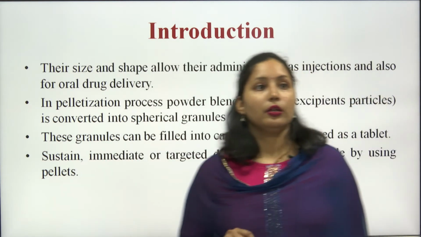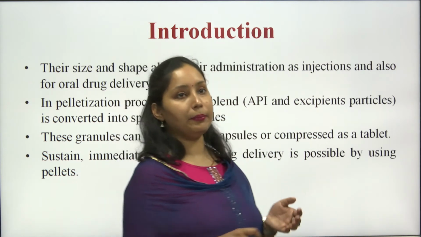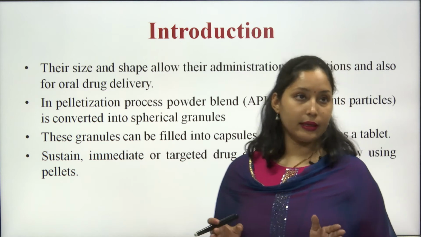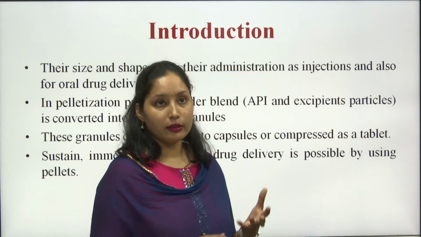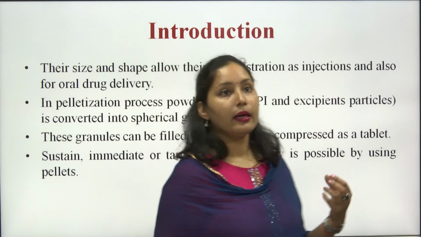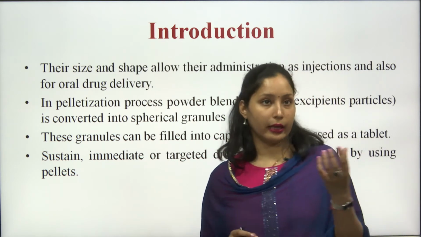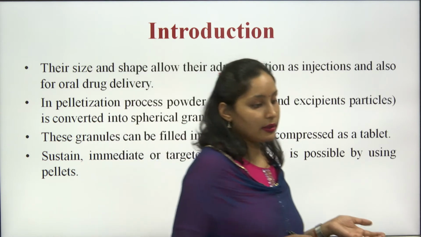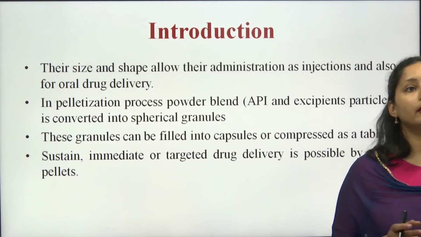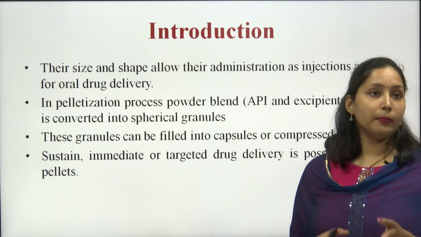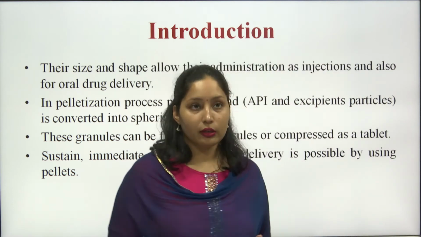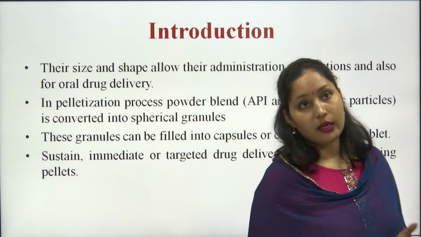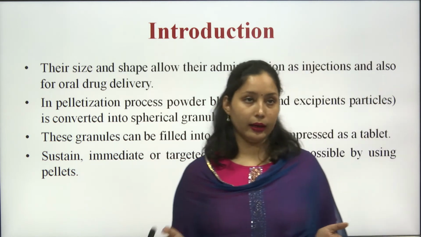These granules can be filled into capsules or compressed as a tablet. Then sustained, immediate and targeted drug delivery is possible by using pellets. So, we can give it in the form of sustained release, immediate release, and targeted delivery is also possible with pellet technology.